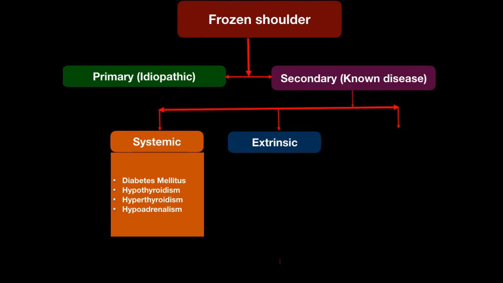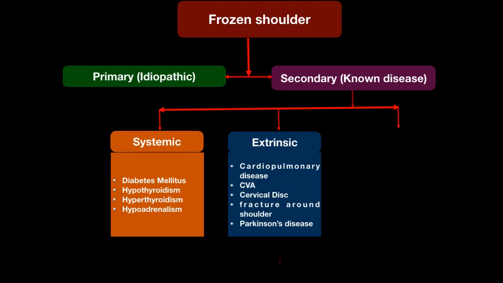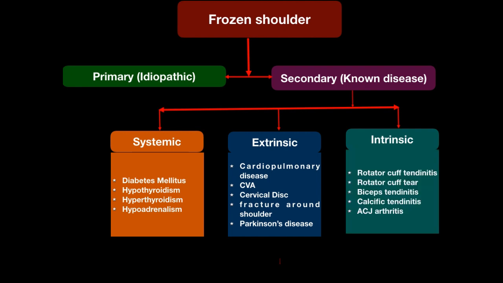The frozen shoulder may be caused by some extrinsic problem like cardiopulmonary disease, CVA, cervical discs, fractures around the shoulder, and Parkinson's disease. The most important is the intrinsic cause of secondary frozen shoulder, and the intrinsic causes are rotator cuff tendinitis, rotator cuff tear, biceps tendinitis, calcific tendinitis, AC joint arthritis, and many more.